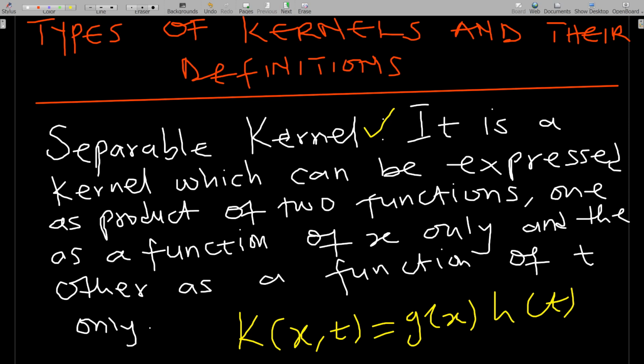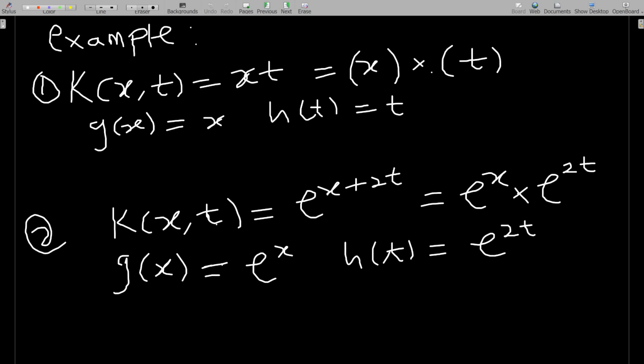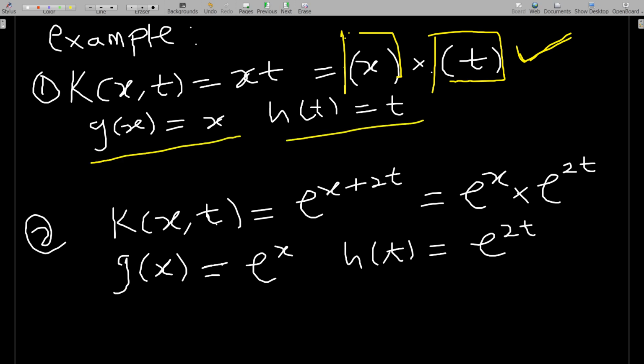Let's pick an example of this type of kernel. The first one is k of x t equals x times t. You can break x times t as x standing alone, multiplying t standing alone, so our g of x will be x and our h of t will be t.